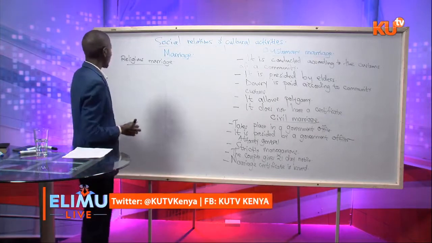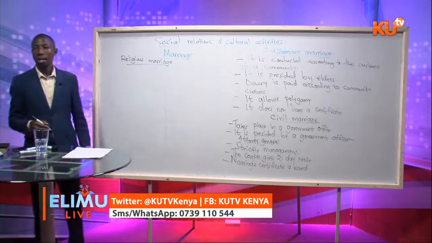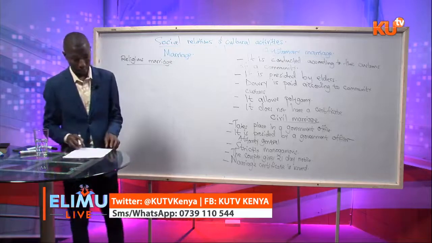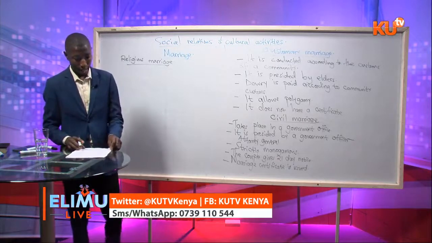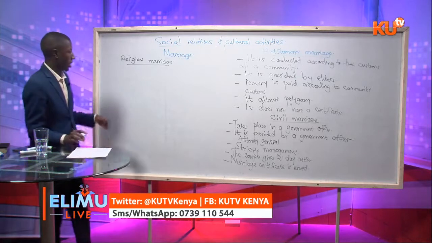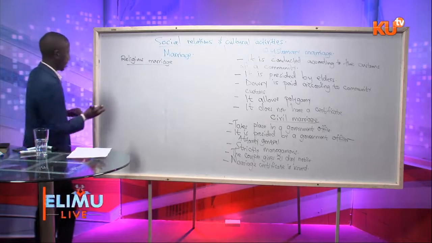Now, a religious marriage does not take place in an office. It takes place in either a church, a mosque, a temple, such like places. It takes place in religious institutions.